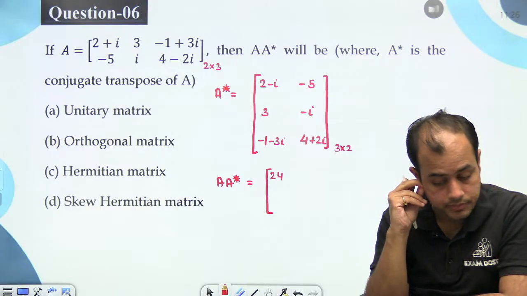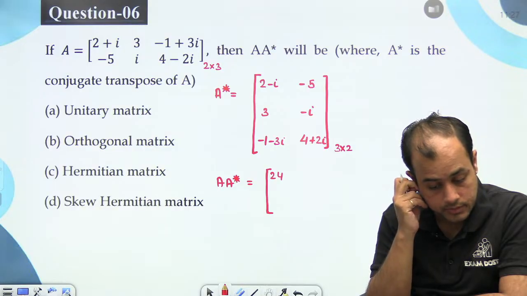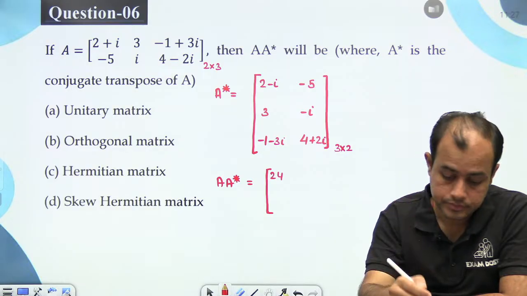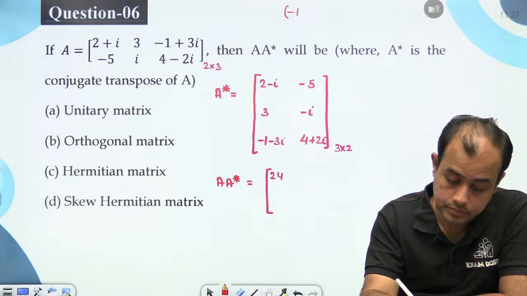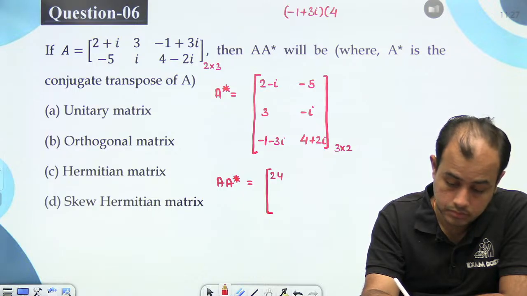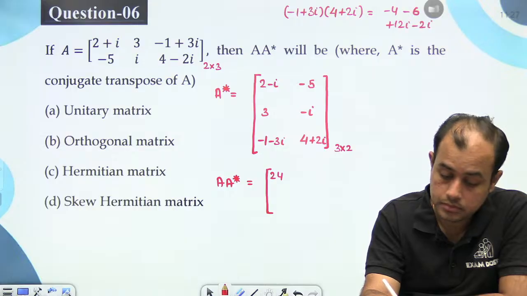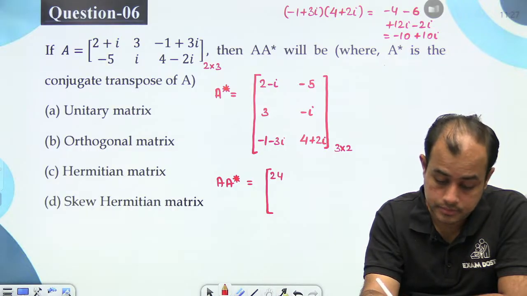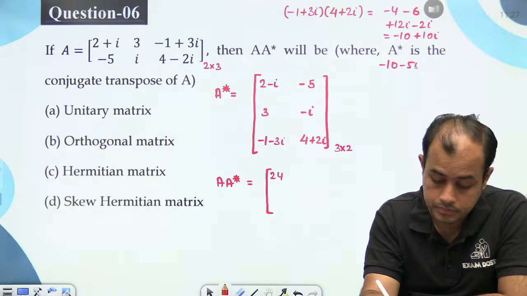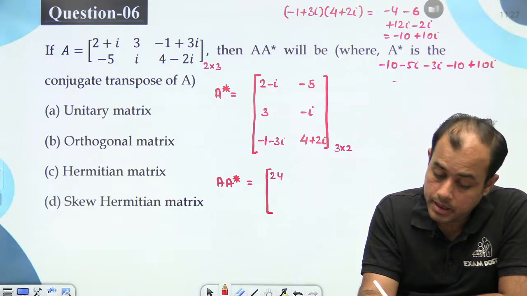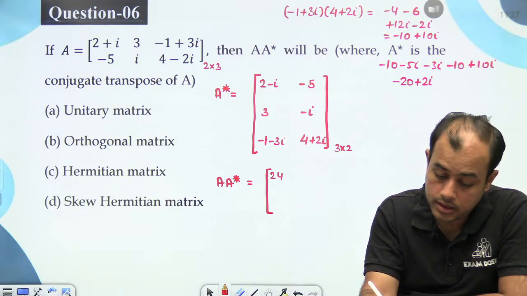First row into second column. Minus 10 minus 5 iota. Minus 3 iota. So minus 10 minus 8 iota. Minus 10 plus 10 iota. हाँ तो अब कितना आएगा भाई?